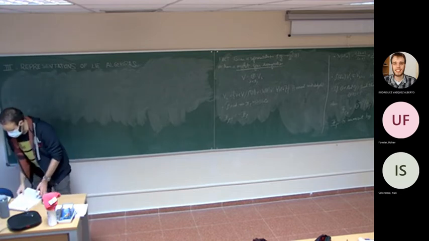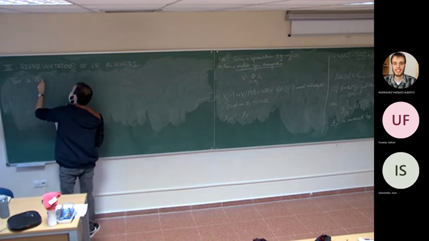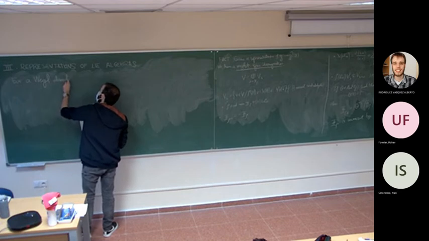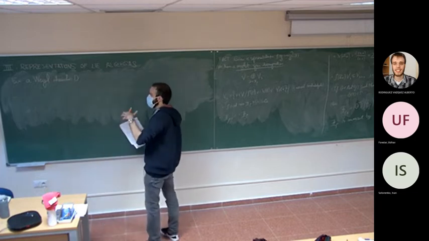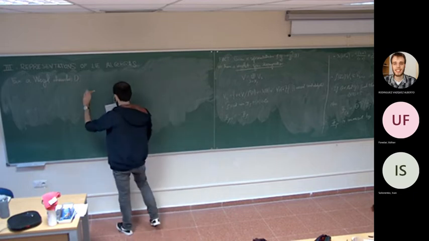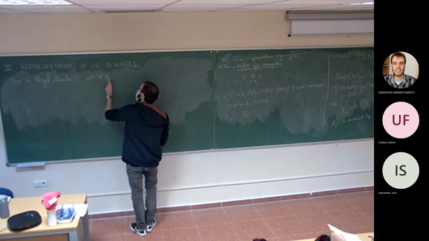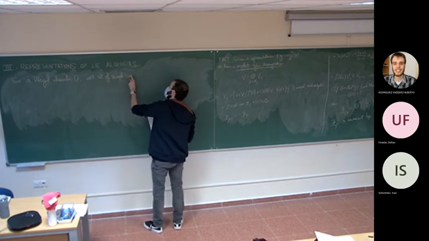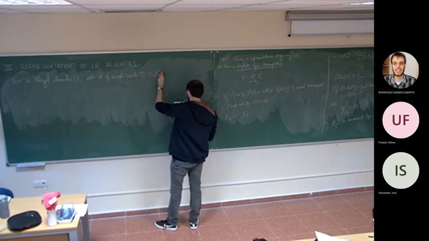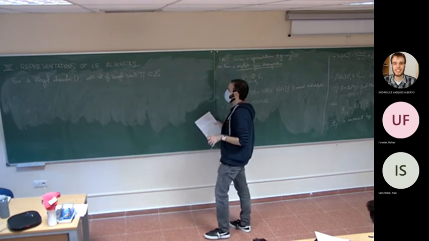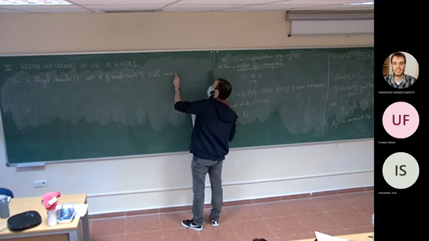So fix a Weyl chamber D. This Weyl chamber will induce positive roots, and it will induce, in particular, simple roots, a set of simple roots, which we usually denoted by capital Pi, and which give these generators of the SL2 systems associated to the root space decomposition and canonical generators.